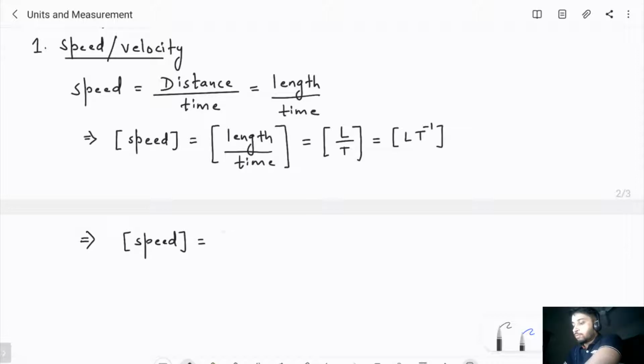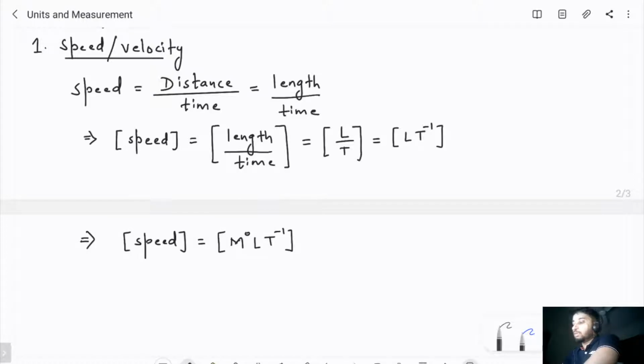Here mass is not there in speed. In that case, the power of mass will be 0 and L to the power 1. We don't need to write the power 1. We can leave it as it is. And T to the power minus 1.